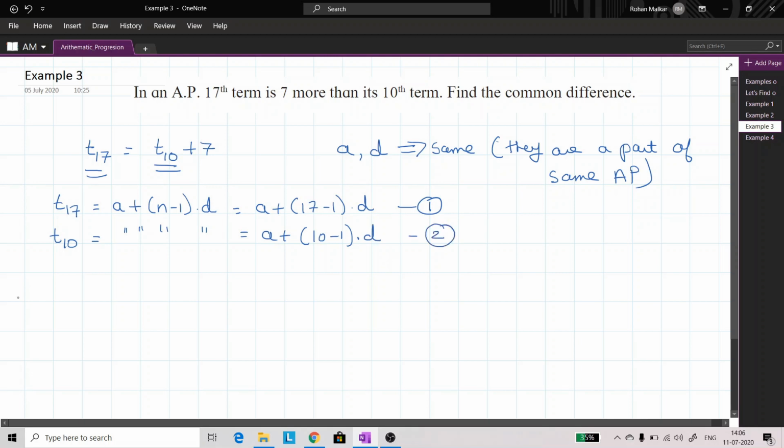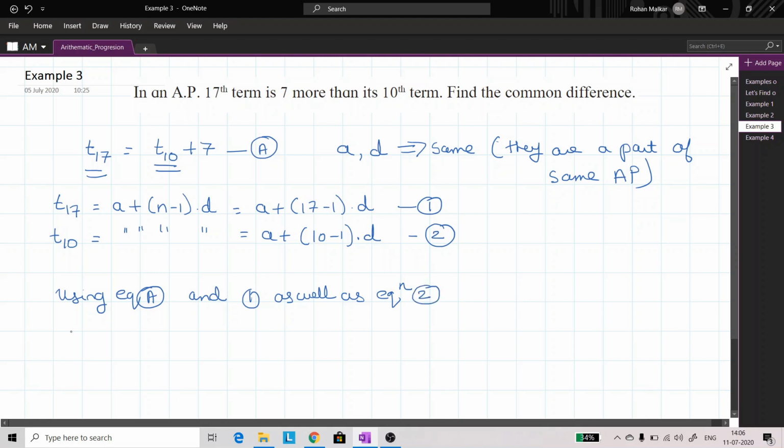And the relationship that we have between the 17th and the 10th term is given by this equation A. So I'll use equation A and 1 and 2 together. So using equation A and 1 as well as equation 2, what do we get?